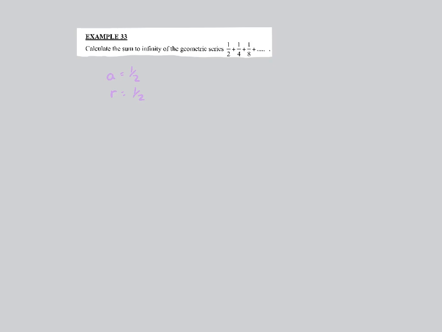So therefore, we can easily find the sum of an infinite number of terms. So it's A over 1 minus the ratio. So the sum of an infinite number of terms is equal to a half divided by 1 minus a half. So that is equal to a half divided by a half, and that is going to equal 1. So that's not too bad, right?